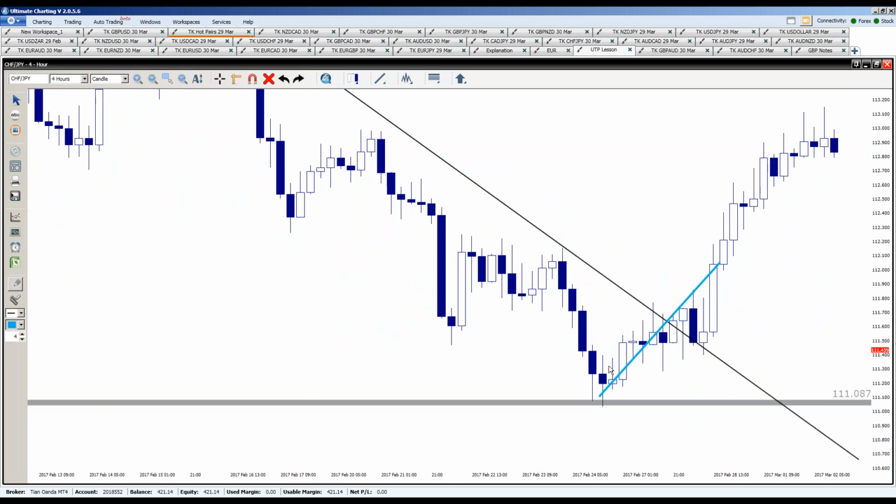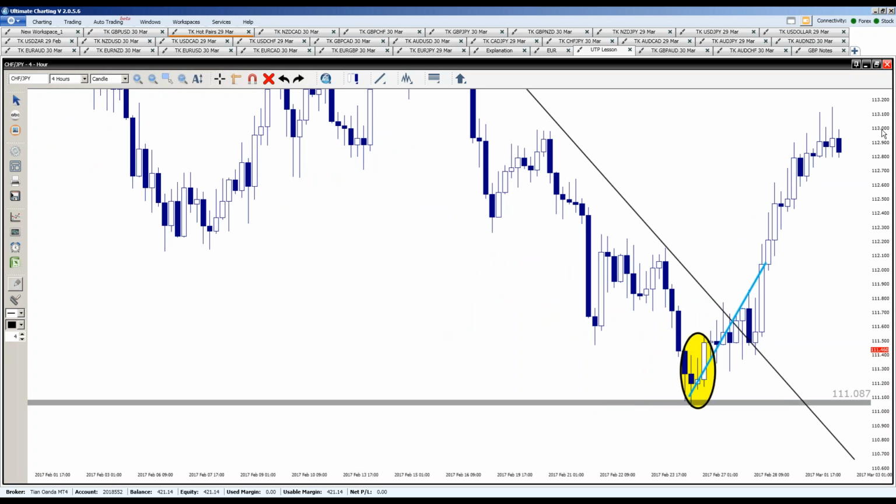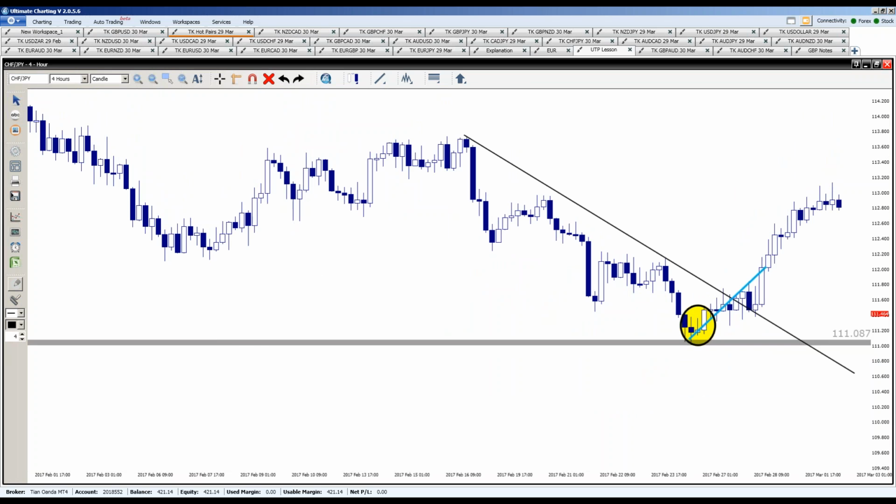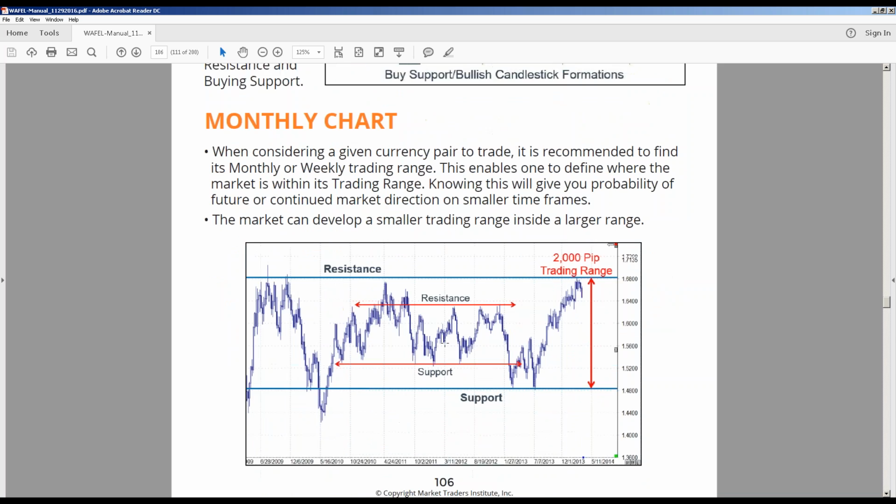Look at that. We had a bullish morning star candlestick formation over here. There we go. Bearish decision candle, indecision, and then a bullish decision candle. Okay. So that's how you confirm a bounce at support or resistance with regards to consolidation.